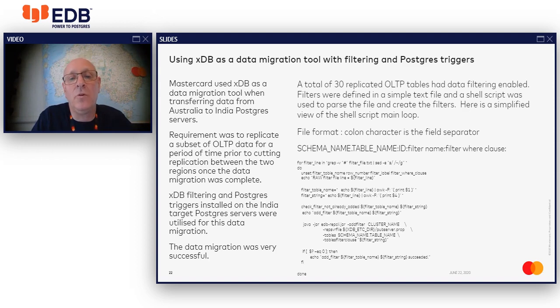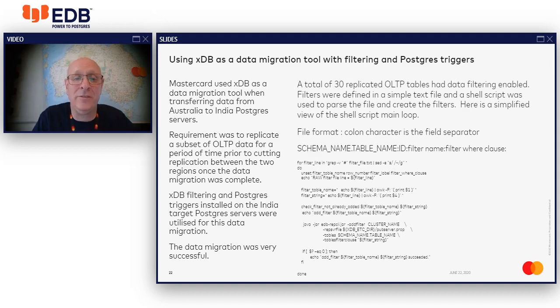I should say as well, there was a symmetry about the filters. They were all doing very similar comparisons because it was basically the same business logic: does it satisfy this criteria? Therefore, yes, we replicate it. So I was able to script the generation of the filters themselves from the list of tables.